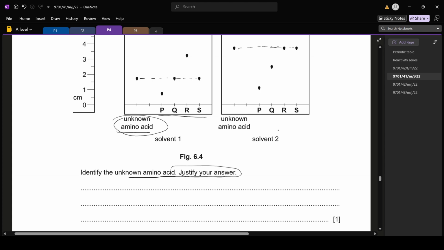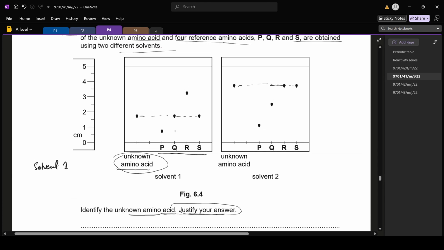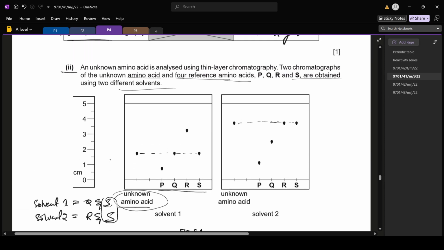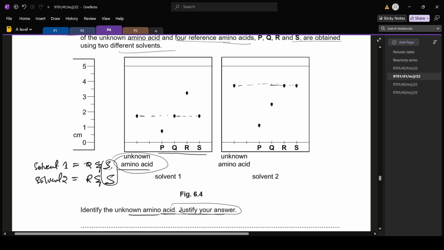Okay, in solvent 1, the unknown amino acid equals Q and S. And then in the second solvent, it equals R and S. So which reference is common? S. So this must be the unknown amino acid.